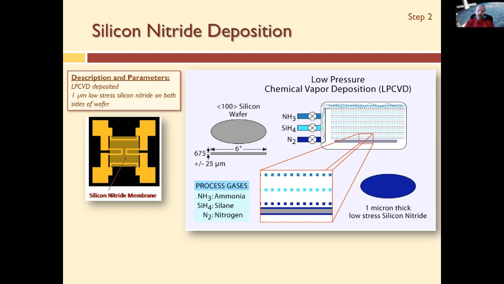So remember, when you deposit these kinds of things in a furnace, they deposit at high temperature. So now you've got a film on top of a silicon substrate, and then you cool it down and take it out of the furnace. And if your thermal expansion coefficient is radically different between the substrate and the thin film you put on there, it'll cause some stress, and you can actually get the wafer to start to look like a potato chip, right?